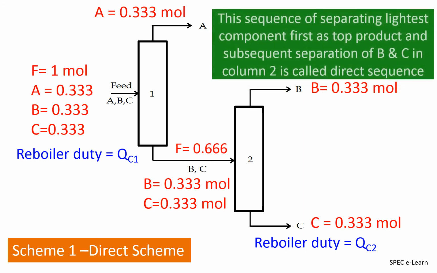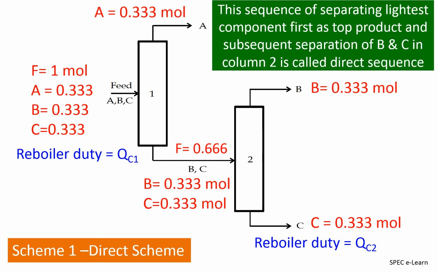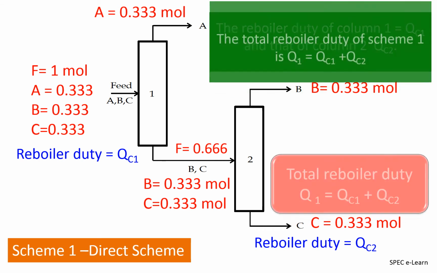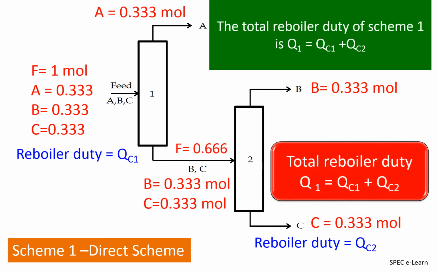This sequence of separating the lightest or more volatile component first as top product and subsequent separation of B and C in column 2 is called direct sequence. The reboiler duty of column 1 is QC1 and the reboiler duty of column 2 is QC2. The total reboiler duty of scheme 1 is QC1 plus QC2.